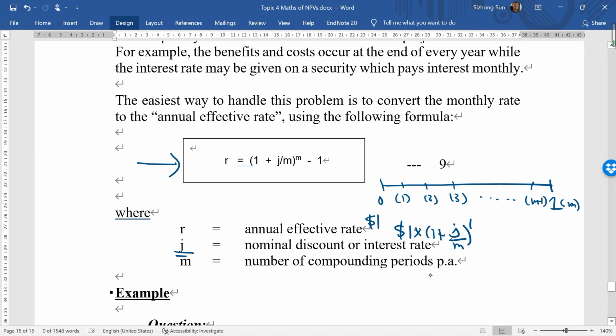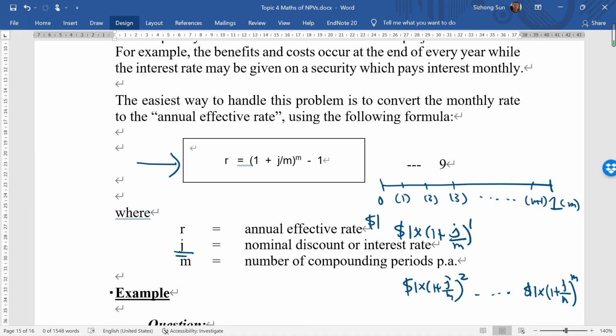At the end of the second compounding period, we get 1 times 1 plus J over m times 1 plus J over m, or just 1 plus J over m raised to the power 2. So on and so forth until the end of year 1, which is 1 times 1 plus J over m raised to the power m, because there are m compounding periods. Now what is the effective interest rate?